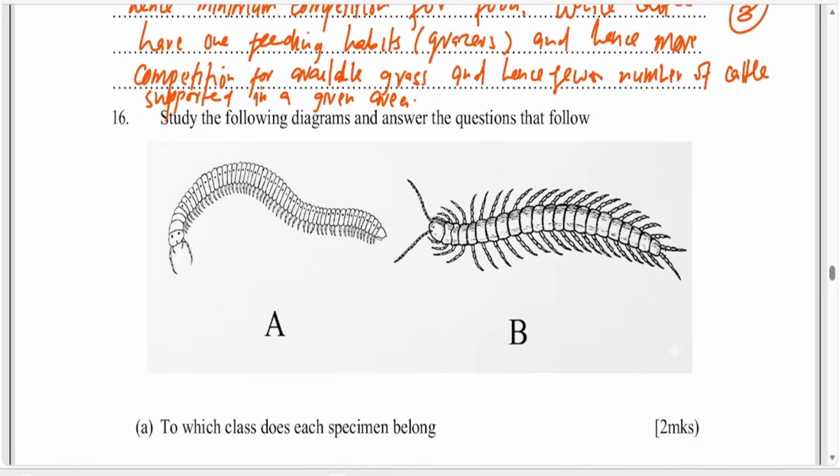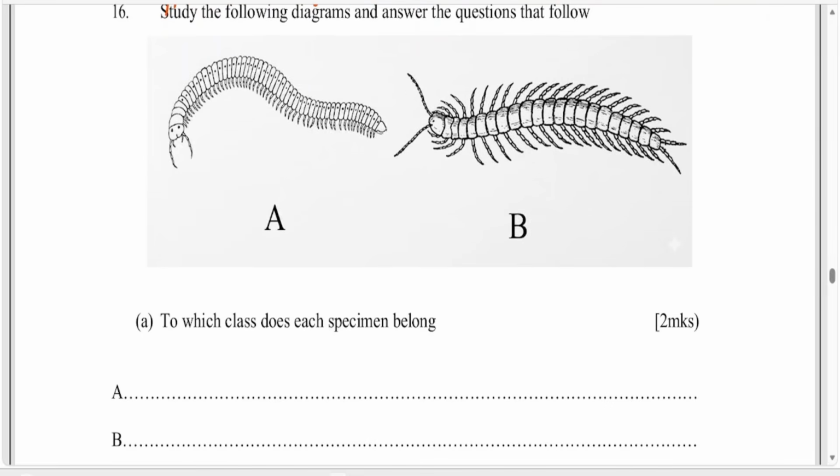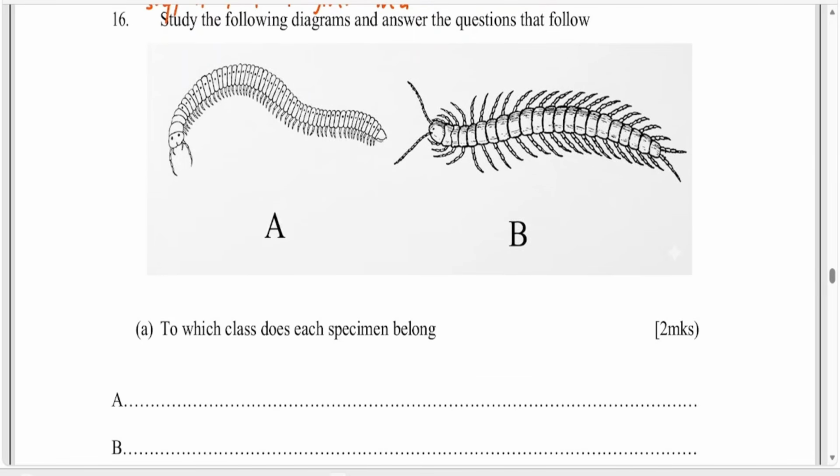Question number 16. Study the following diagram and answer the questions that follow. Look at these organisms. You notice that these are members of the phylum Arthropoda under the kingdom Animalia.